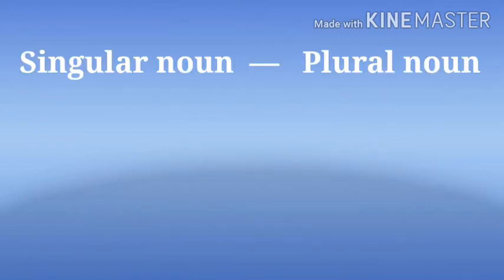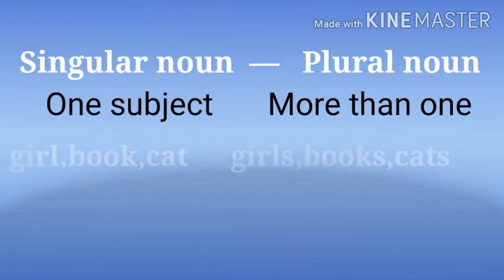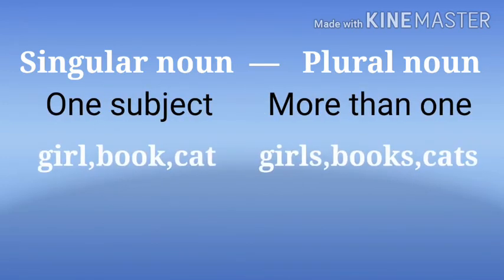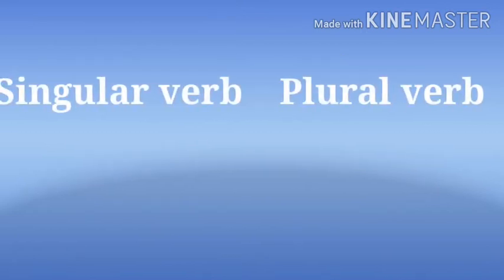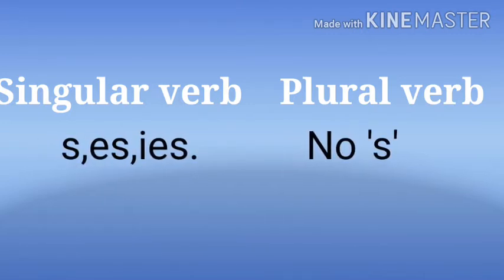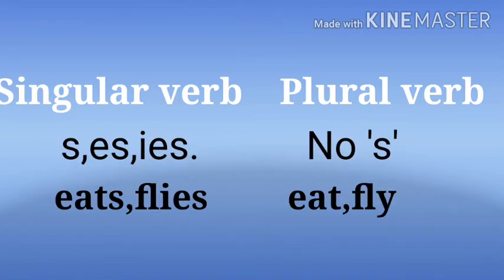Then what do you mean by singular noun and plural noun? Singular noun is just one, where the subject is just one, single. And plural noun means the subject is more than one. And singular verb means a verb that has s along with it.